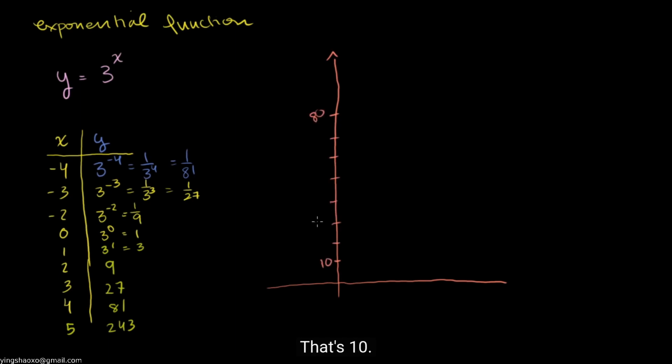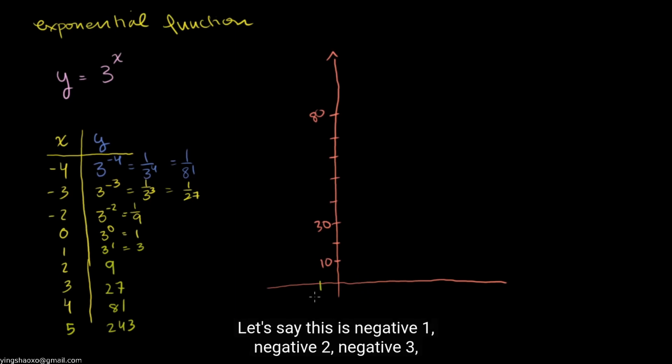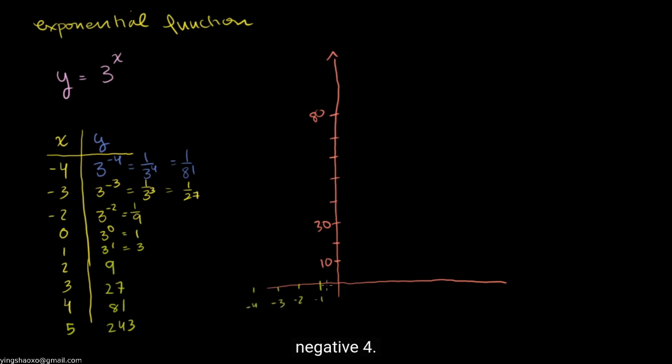That's 10. That's 30. That'll be good for approximation. And then let's say this is -5. This is +5 right here. Actually, let me stretch it out a little bit. Say this is -1, -2, -3, -4. And then we have 1, 2, 3, and 4.